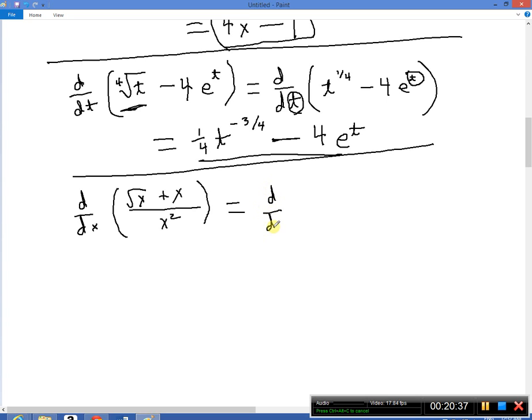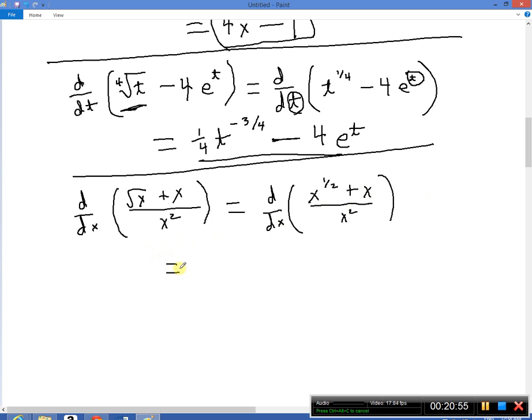So what is this in exponents? This is x to the 1/2 plus x to the 1 divided by x squared. And now I can split this into two fractions with a common denominator.